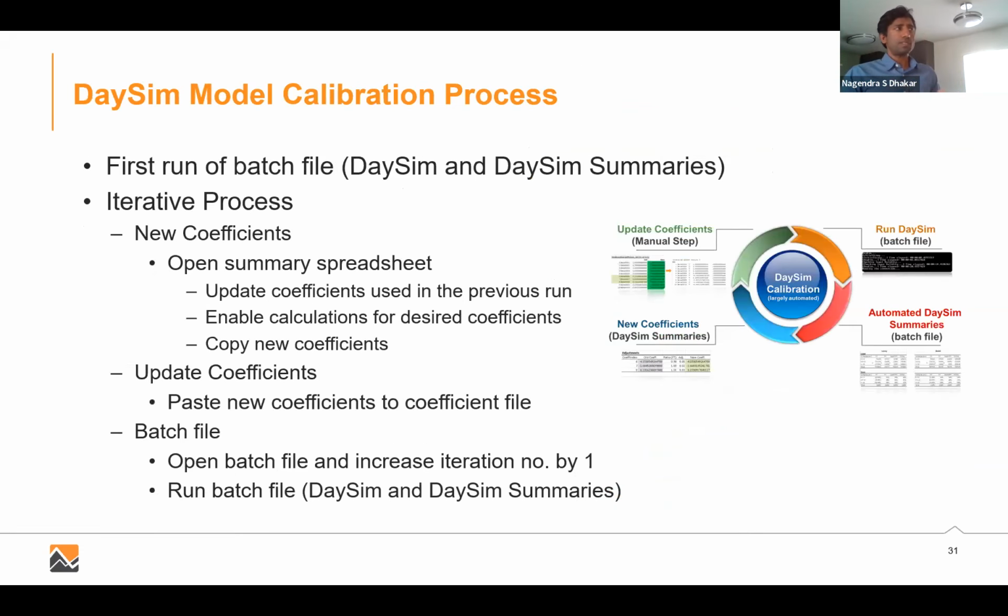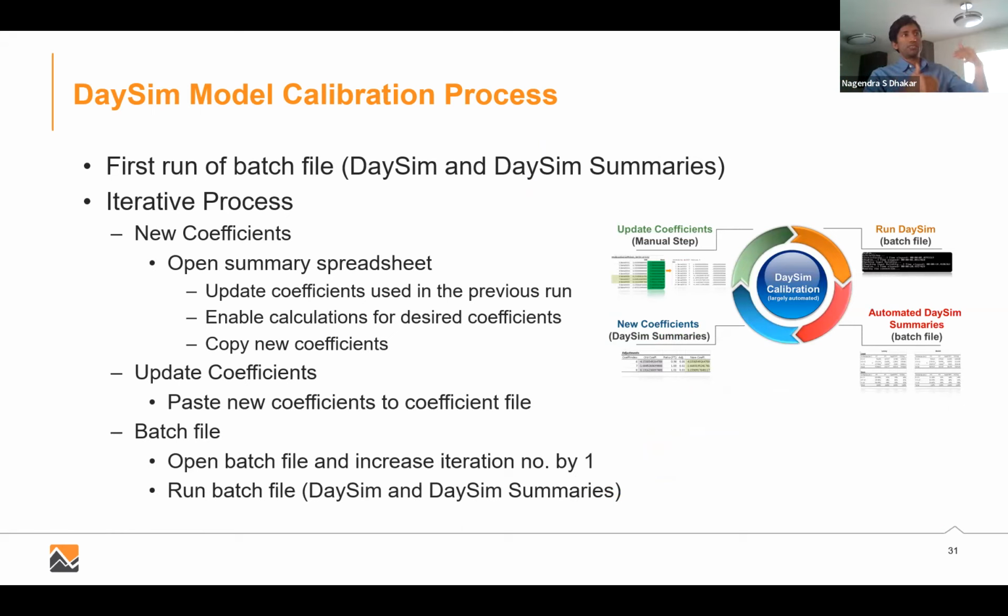Then the calibration process itself, just to refer back to the diagram that I showed a few slides ago, where we have an iteration process: you run DaySim, you run DaySim summaries, then calculate the new coefficients, and update.